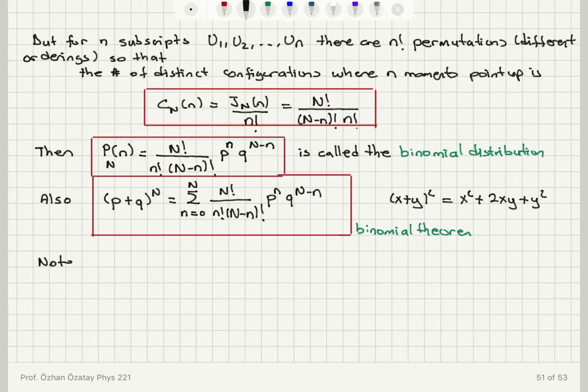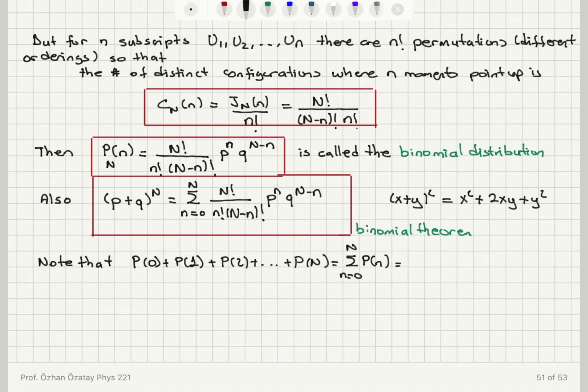So let's see what happens if I count the probability of having no spins pointing up, one moment points up, two points up, all the way up to N moments pointing up. Any n, any 0, any 1, any 2, etc. So that's the summation from n equals 0 to capital N of P_n.